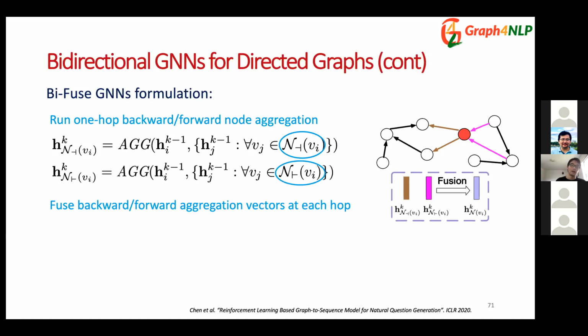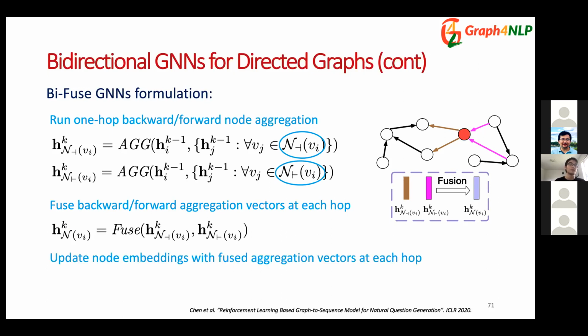Then we fuse the two node aggregation vectors, but we do that at each hop of the GNN. There are many ways to fuse the information. For example, we can use the gated recurrent unit to fuse the backward and the forward aggregation vectors.